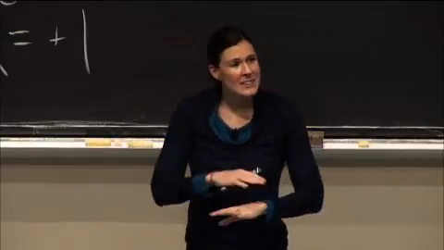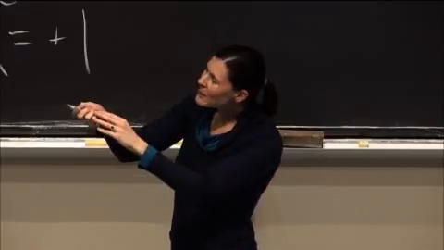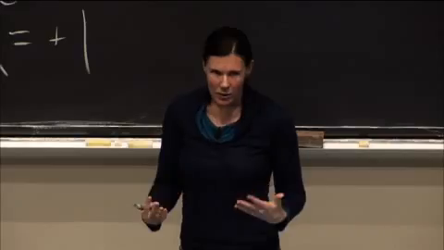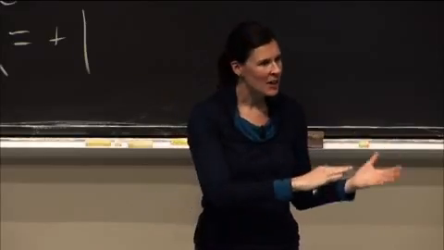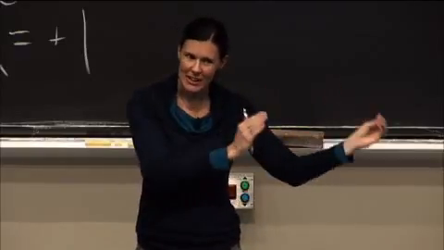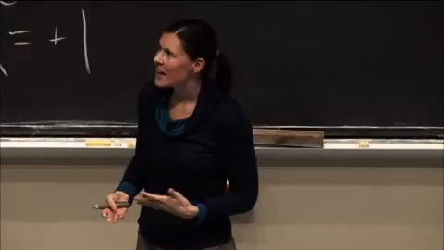And remember, this is in complete opposition to what we call the size of the orbitals, because we know that the 2p is actually a smaller orbital. For example, when we're talking about radial probability distributions, the most probable radius is closer to the nucleus than it is for the s orbital.